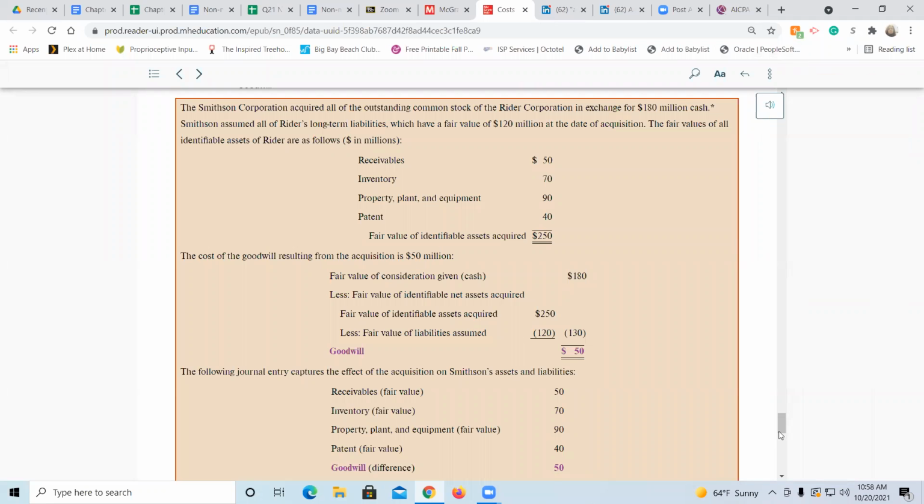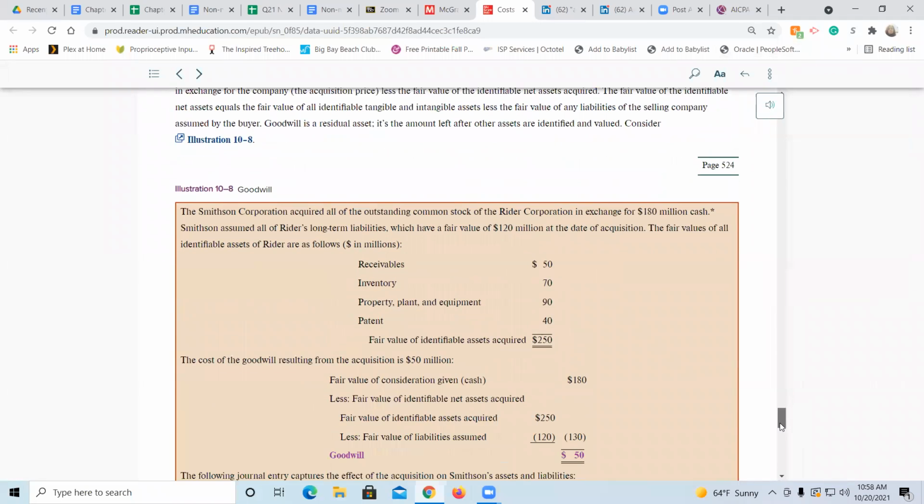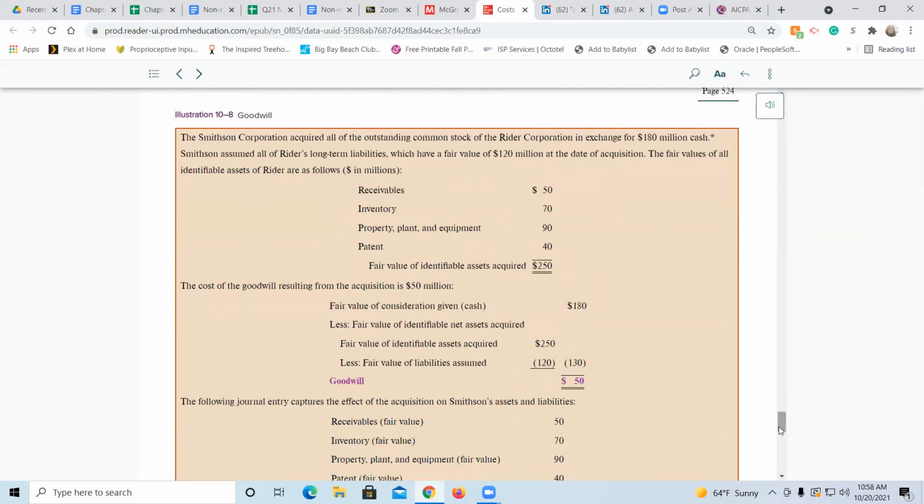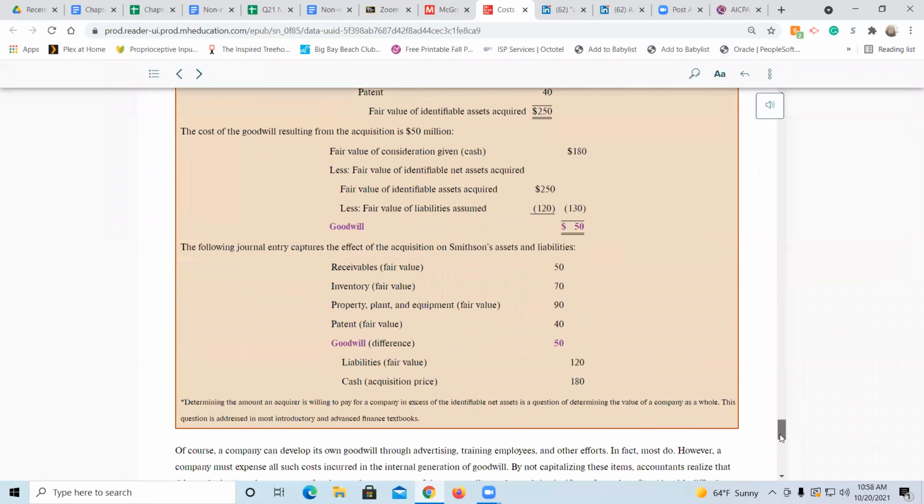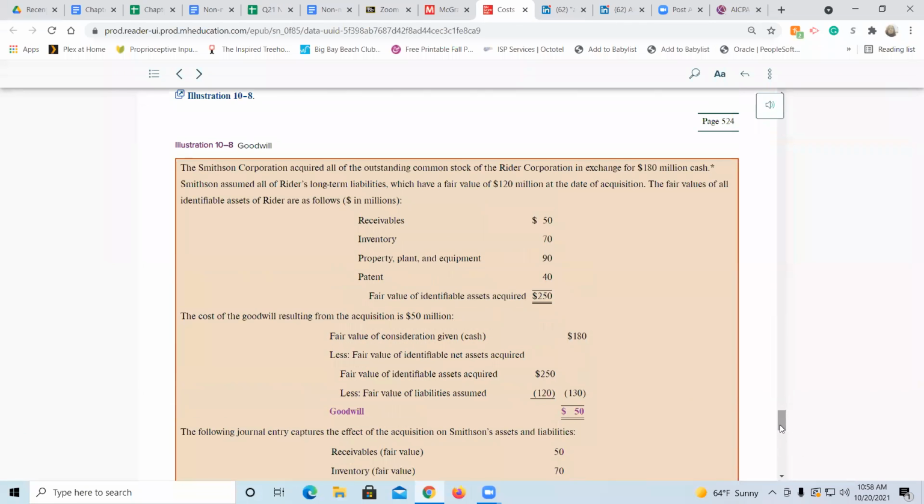It's on page 524, illustration 10.8, goodwill. It shows the same concepts, except that the assets are listed as individual assets, and sometimes the questions are presented that way. So I thought I'd go through it with you.